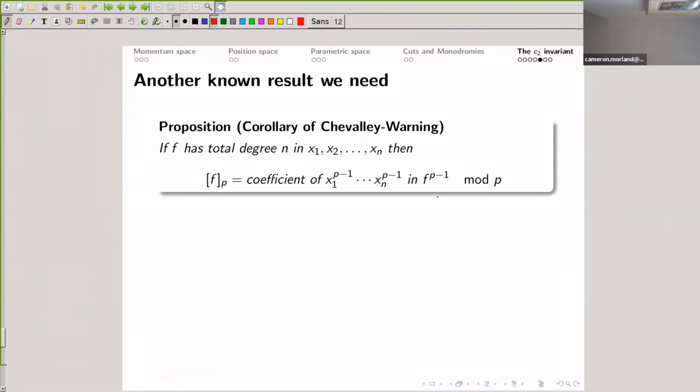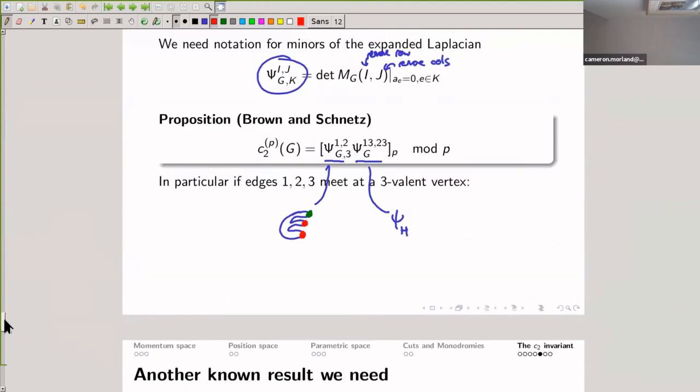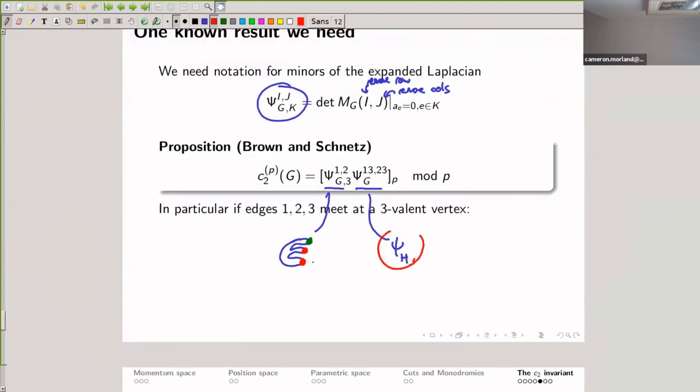So when p equals 2, you're taking the coefficient that's just one copy of each edge variable in the polynomial. Well, if we go back here, what is the polynomial? The polynomial is one copy of this and one copy of that. I want to find one copy of each edge, so I just have to split them up between this and that. So I'm just counting edge partitions, where on the one side you're a tree, and on the other side you're a forest, like this. And that's how it turns out.